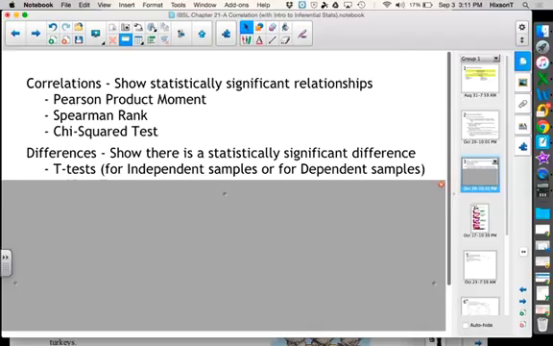So they test everybody's blood pressure, get those numbers, and then with the same people, they give them this medication and test their blood pressure after they've been on it for a while.